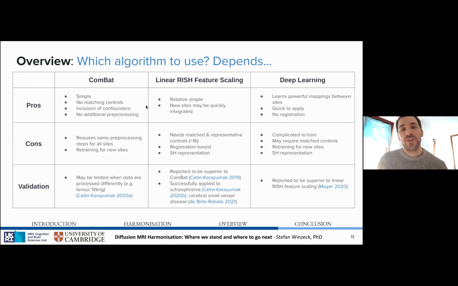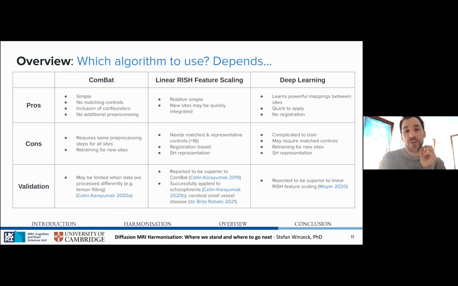For linear RISH feature scaling, it's relatively simple, and new sites can be fairly quickly integrated. If you already have a template, you just register, spatially normalize your new data to this template, generate your scaling maps, and then back project this again and scale your data. The problem is that you need a fairly high amount of matched controls, which you might not always have depending on your study, obviously.